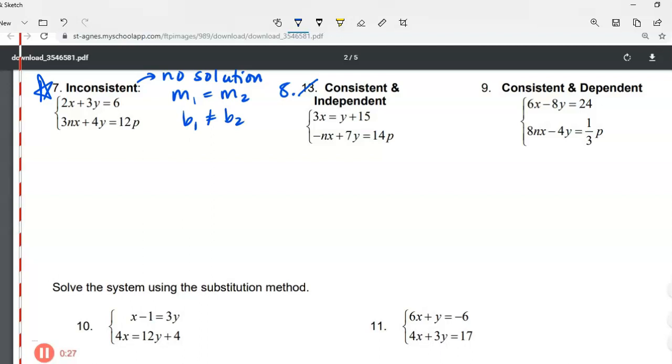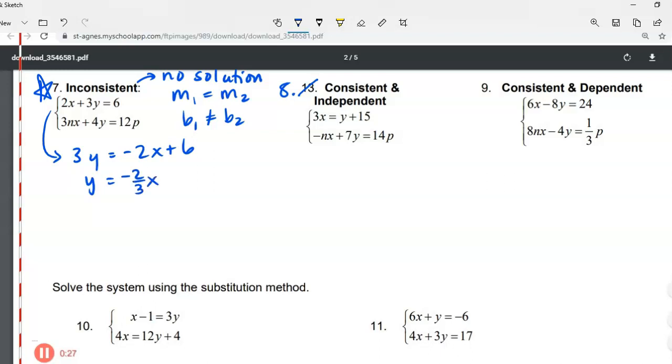So the way to do this is, let's change them both into y-intercept form. So for this top one, we got 3y is equal to negative 2x plus 6. Okay, and then for this guy right here, I have 4y. I know I didn't finish yet. Well, let me finish the top line. Divide by 3 to everybody, so let's just put y is equal to negative 2/3 x.